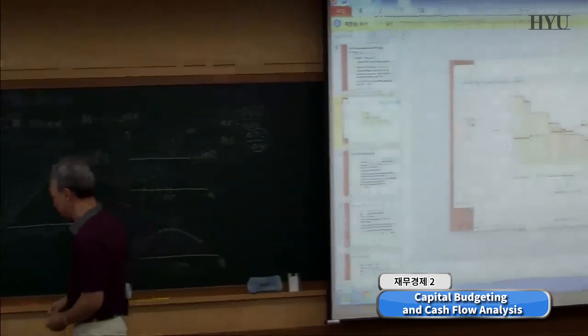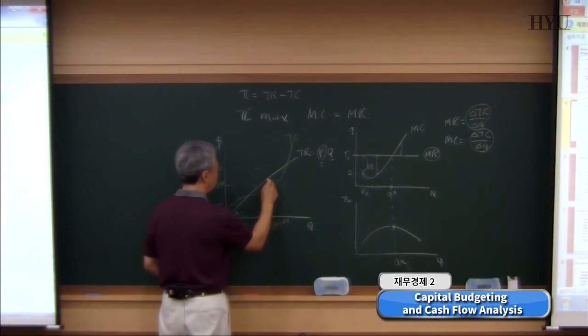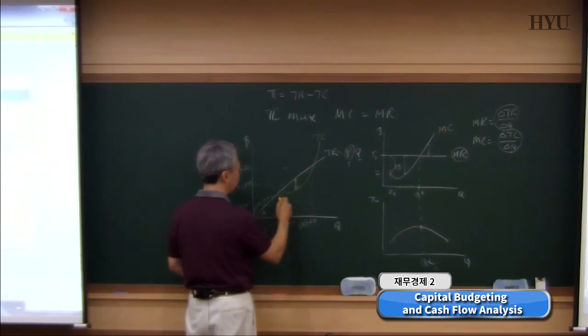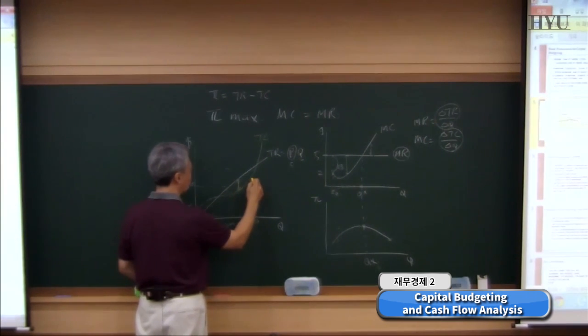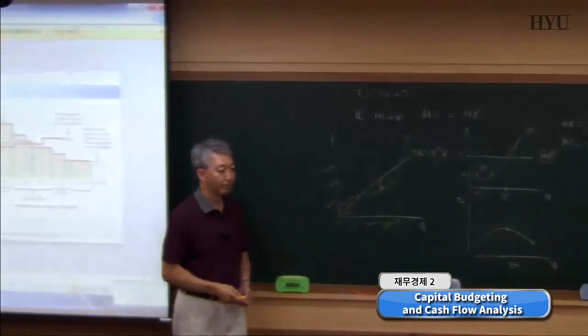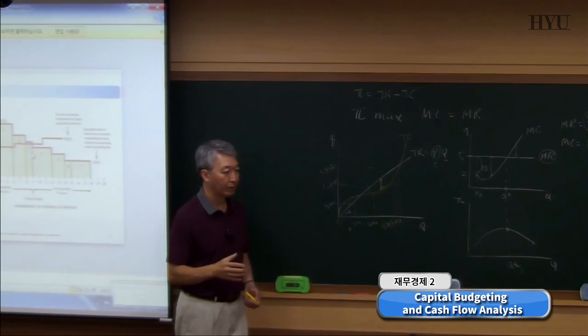Another thing we can find out here is when the profit is maximized, right? This curve and this line are what? Parallel, right? That's a little bit advanced level.